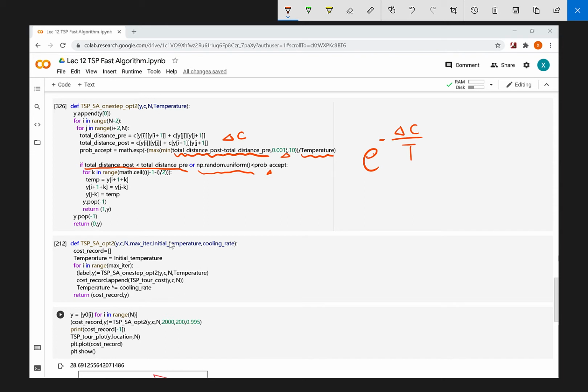That means the solution is jumping from the local optimum to somewhere else. Under a high temperature, it may allow the solution to jump out of a local optimum to a better solution, which we hope to be a global optimum.